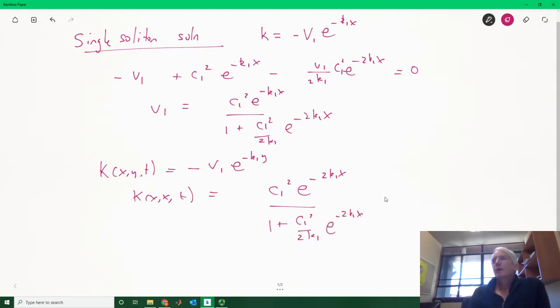Brilliant. And then we're going to simplify this and divide by minus 2K1x. It's going to make our life simpler when we differentiate here. Divided by e to the minus 2K1 squared K1x. Okay, make sure the sign is right, it's a plus now, plus C1 squared over 2K1. So that's K.